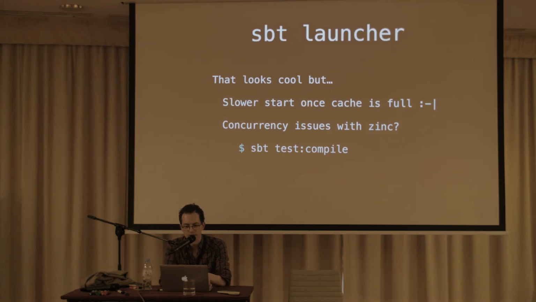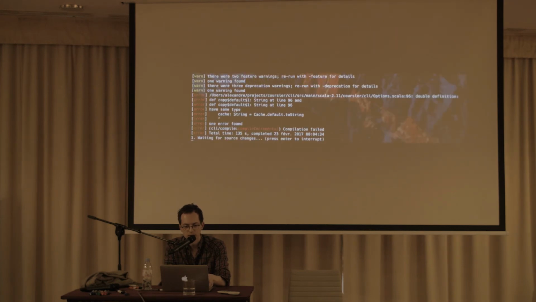Another problem is it seems to mess with concurrent compilations. For example, if I use the new launcher and I launch test compile on freshly checked out Coursier sources, I typically run into weird issues like this one, which we don't know what to do when we face it.